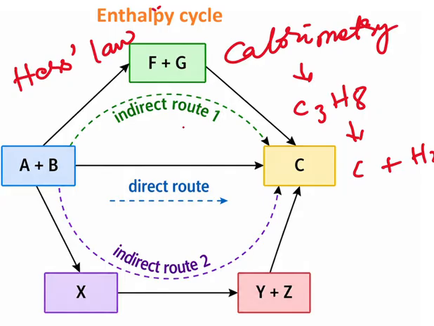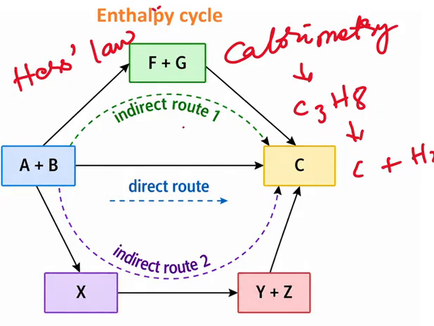In other words, the total enthalpy change of reactants forming the products in a direct step is equal to the enthalpy change of the reactants forming the products in several steps.